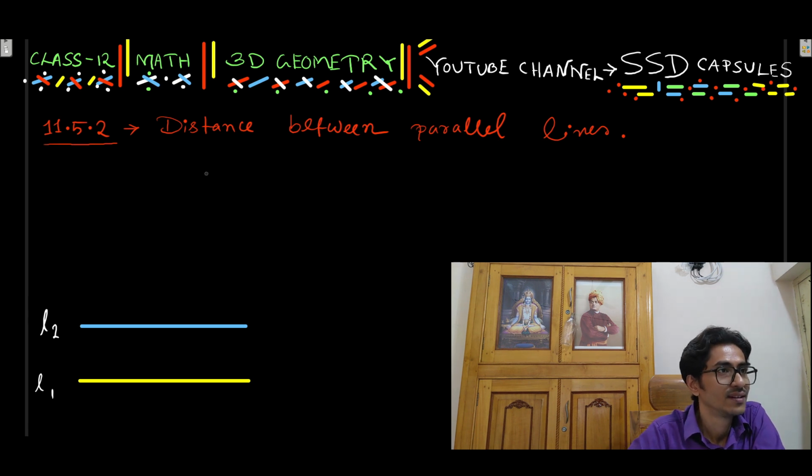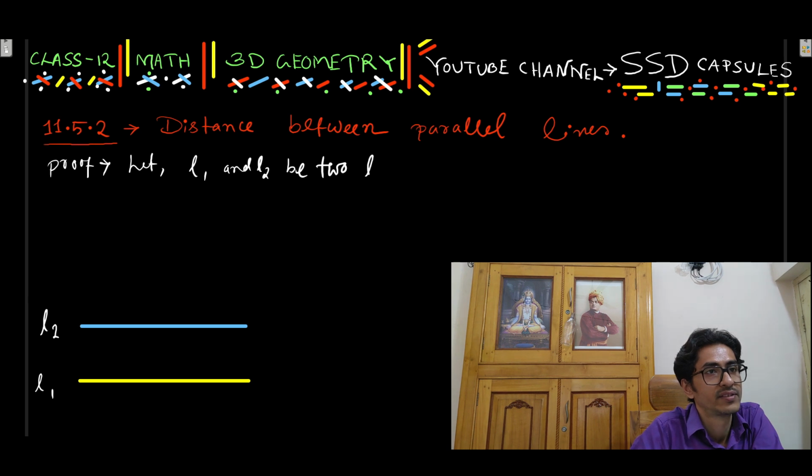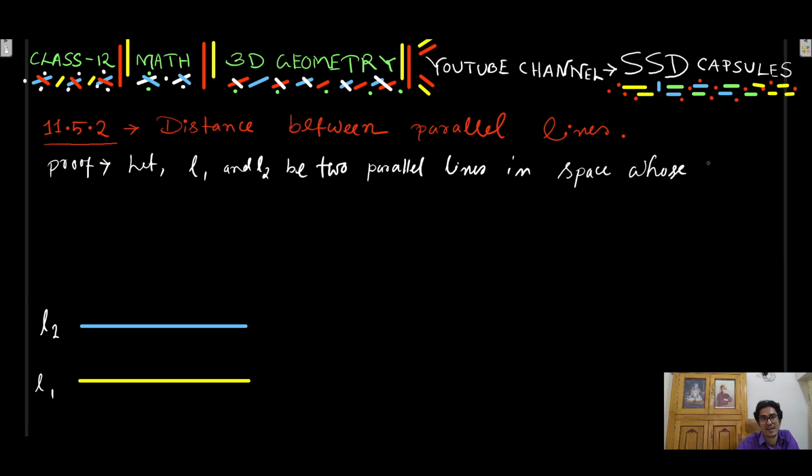Now let L1 and L2 be two parallel lines in space whose equations are r vector = a1 vector + lambda times b vector, and r vector = a2 vector + mu times b vector, where lambda and mu are non-zero scalars.